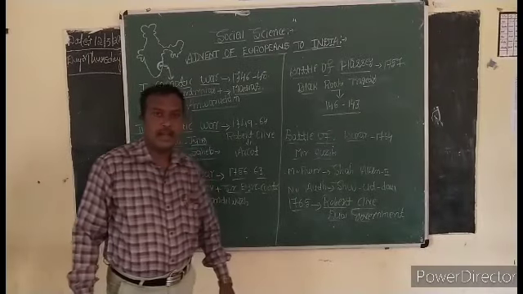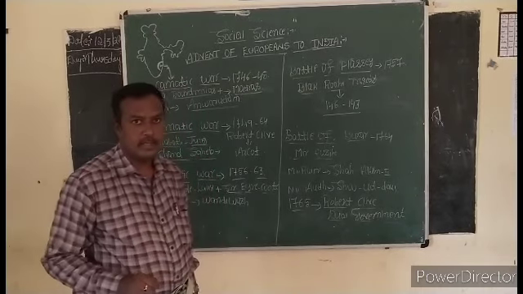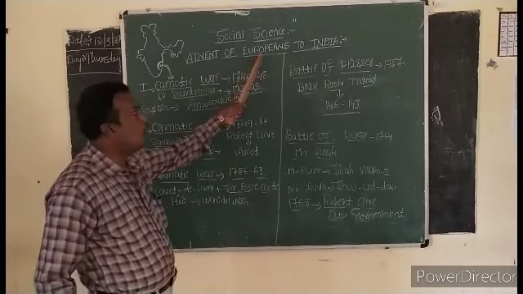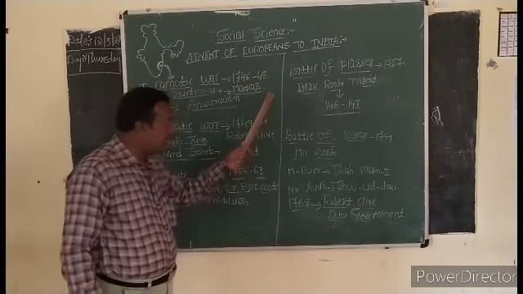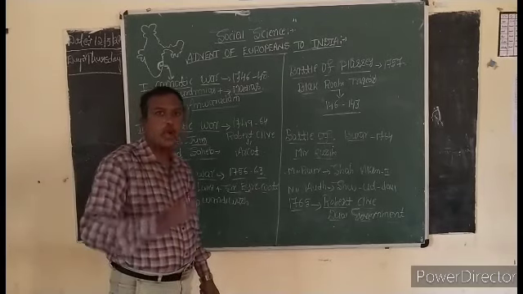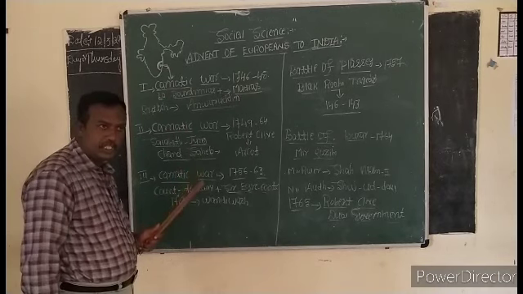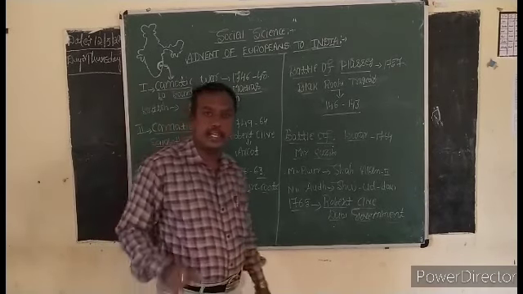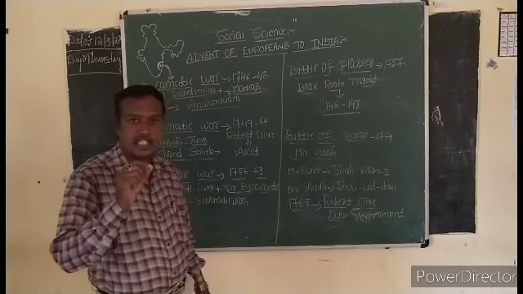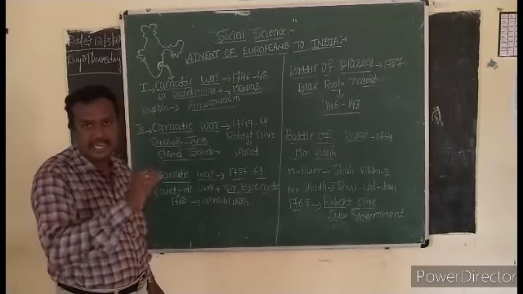Students, today I am going to explain the second part of the first lesson, the advent of Europeans to India. In this class, you are going to learn about the three Carnatic wars waged between the French and British. In the previous class you already learned that the Portuguese, French, Dutch and English established their trading centers in India.